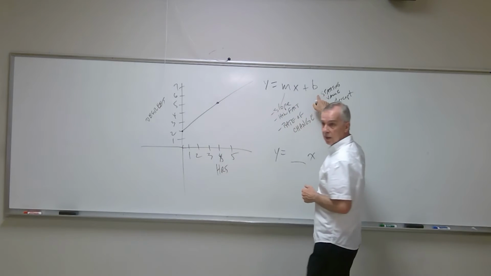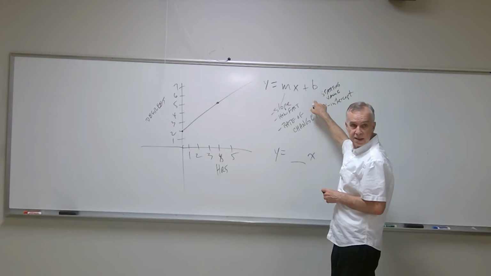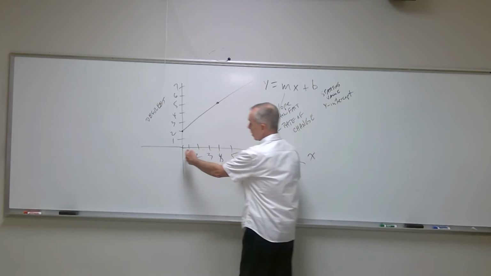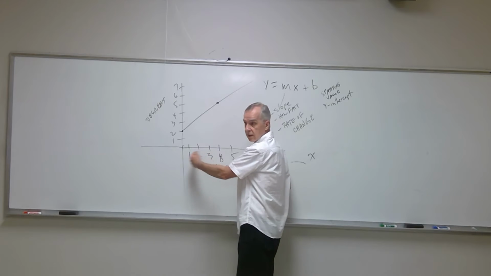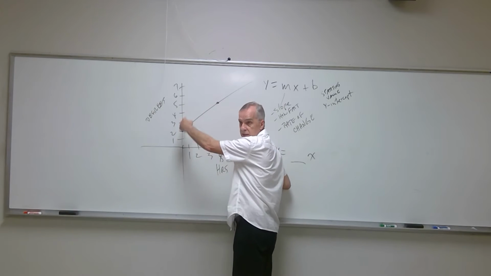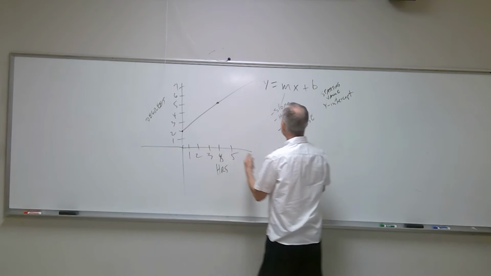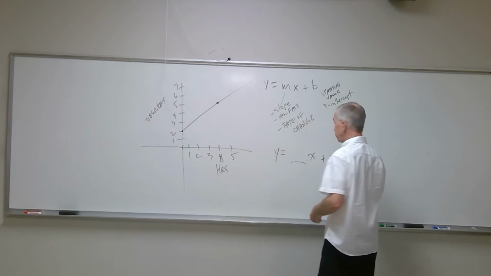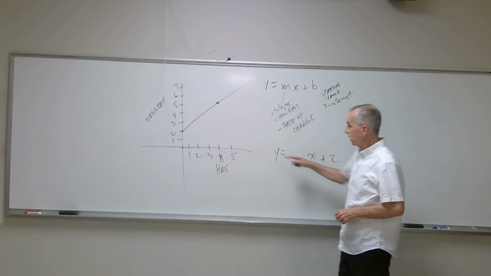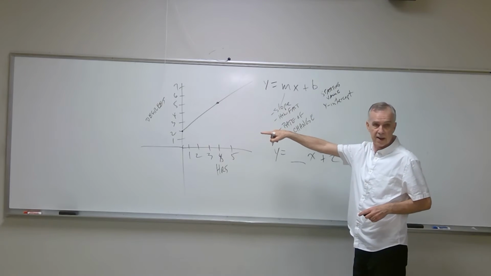So we start with the b, where it crosses, before any time goes by. The starting value is before anything, so it's always on the y-axis. Here it's a positive 2. So I know I'm going to fill in a positive 2 here. That came from that point.